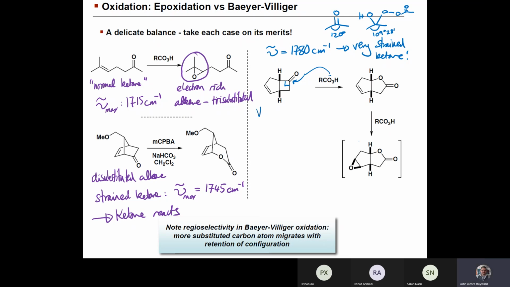So, a very strained ketone has strain relieved in the rate determining step.